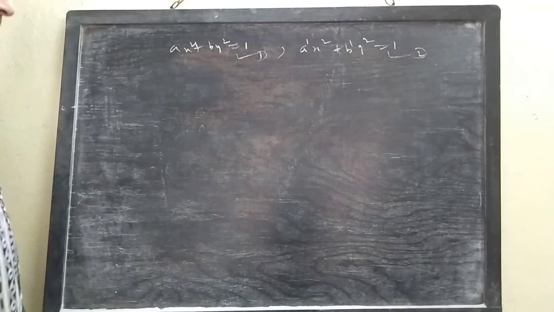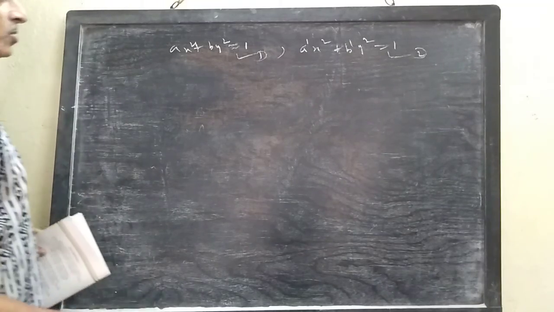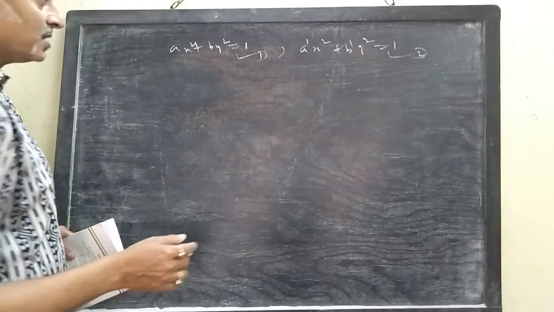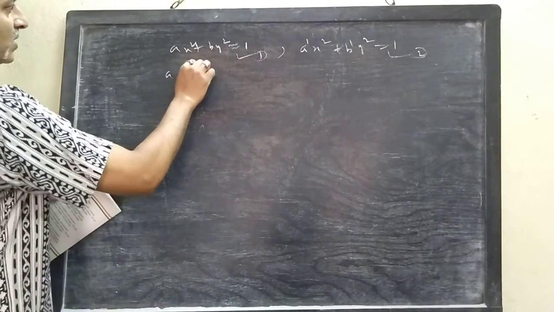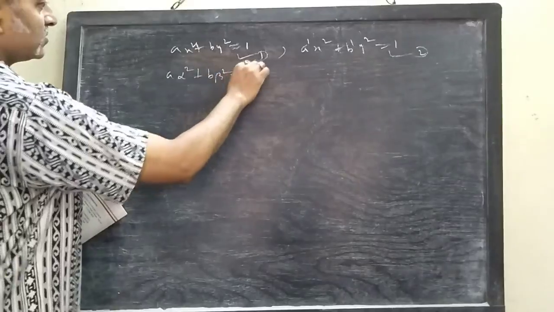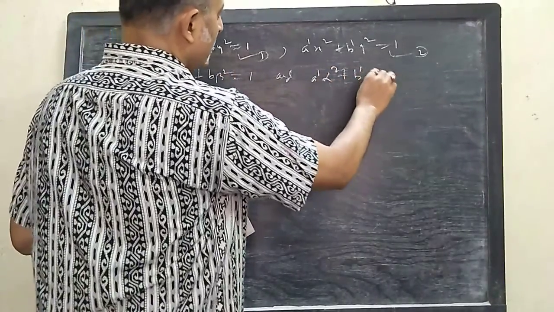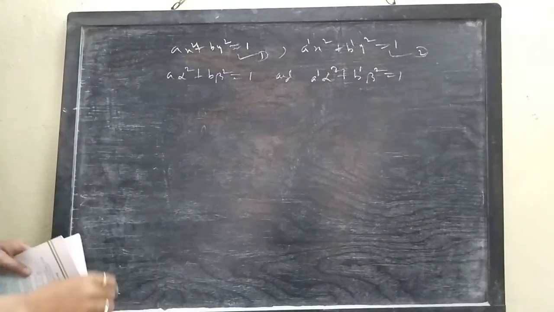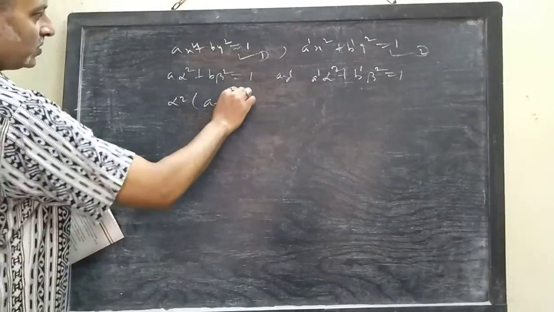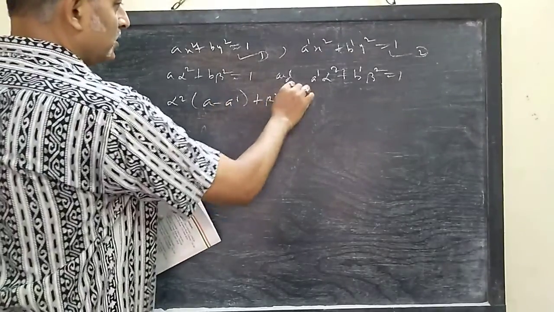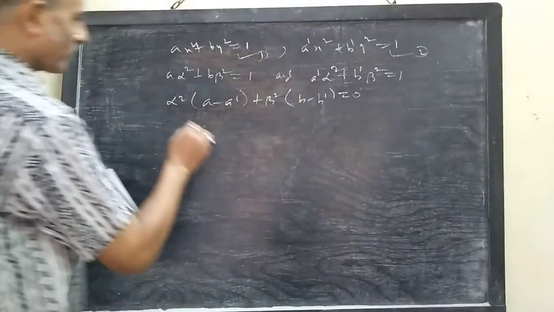So first, let their point of intersection be (alpha, beta). Now as (alpha, beta) is their point of intersection, it must satisfy both the equations. So you get a alpha square plus b beta square equals 1 and a dash alpha square plus b dash beta square equals 1. Now subtracting their corresponding sides, we get alpha square into (a minus a dash) plus beta square into (b minus b dash) equals 0.